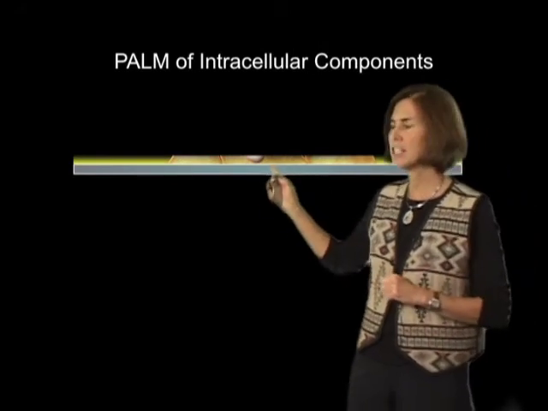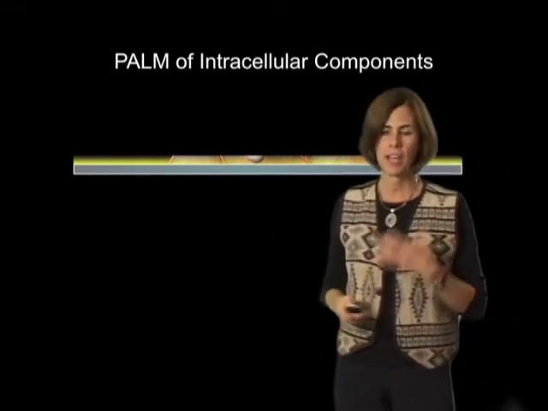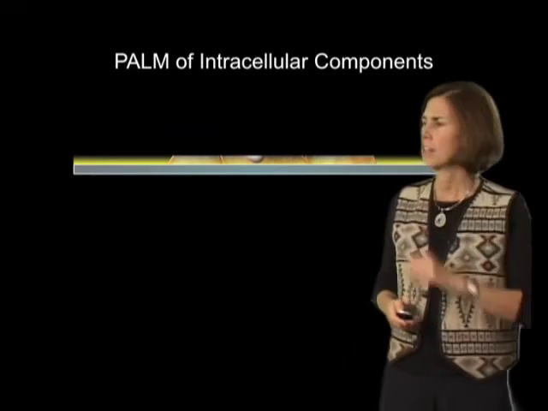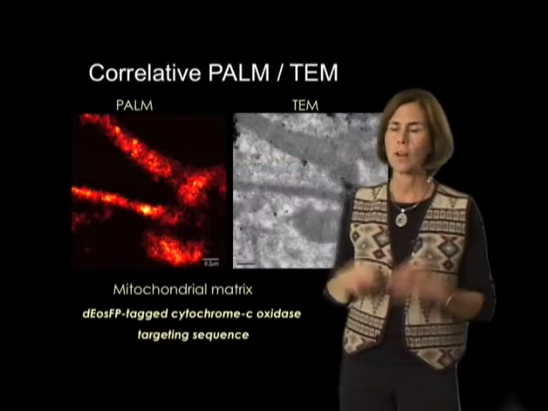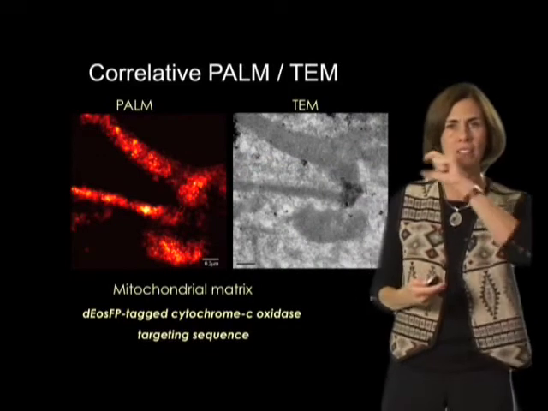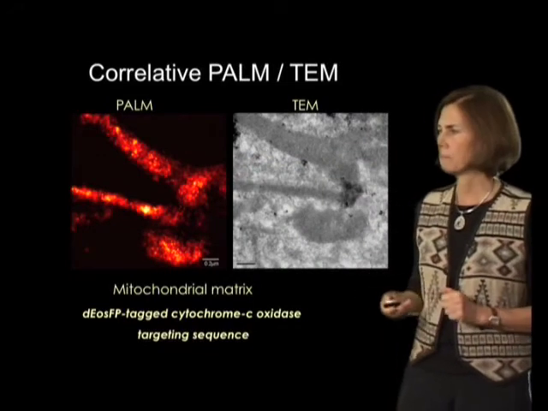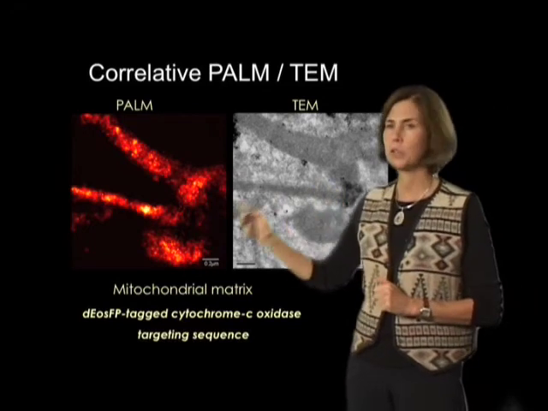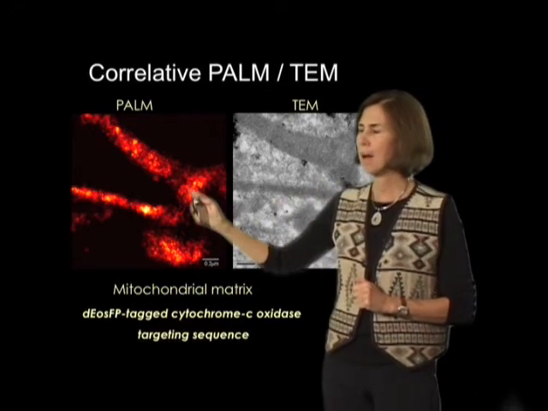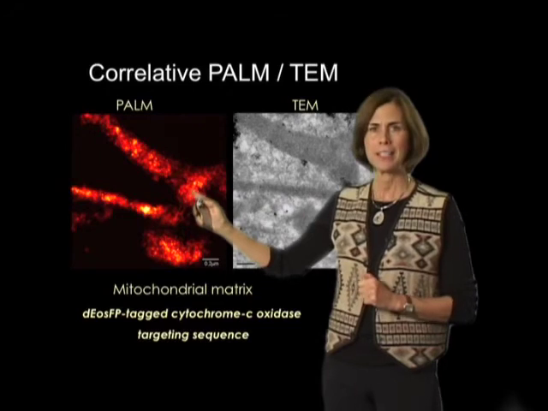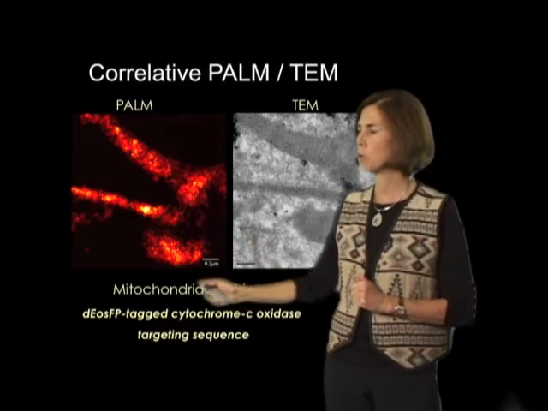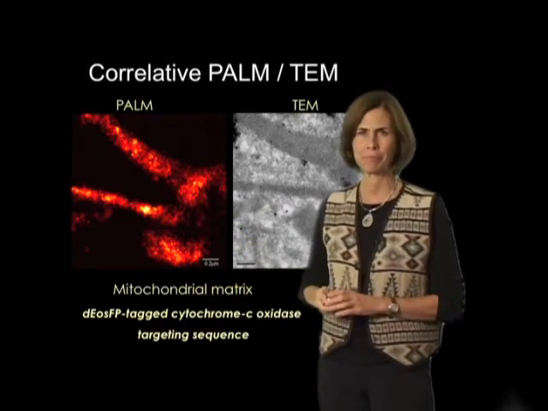So this is a slice of a cell that's expressing a photoactivatable fluorescent protein, and we're going to look at how molecules within the organelles in that slice distribute. So here's one slice through a cell expressing a mitochondrial matrix protein tagged with the photoconvertible protein tandem dimer EOS.